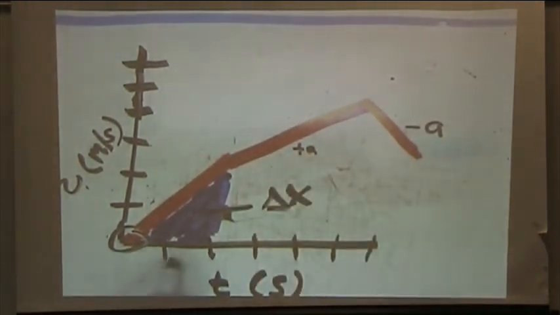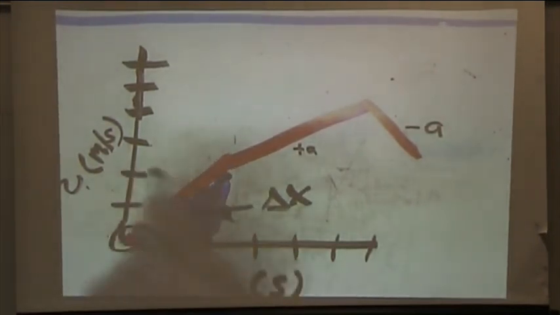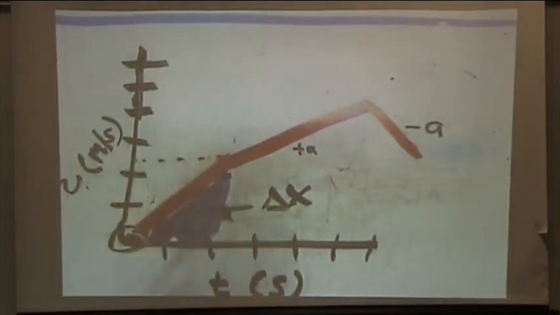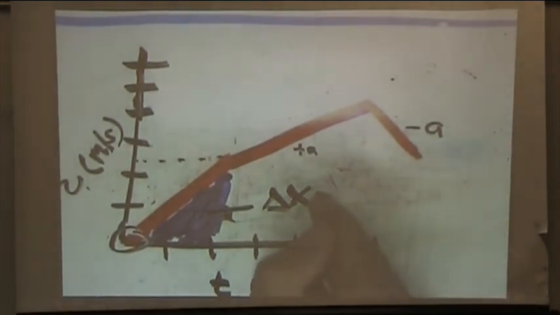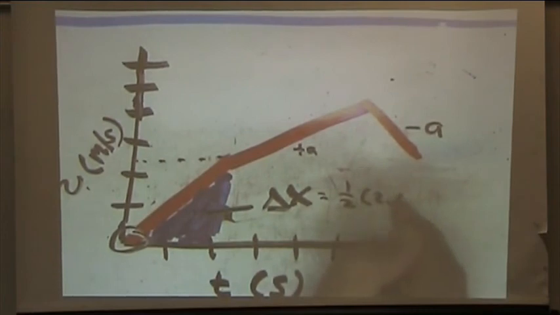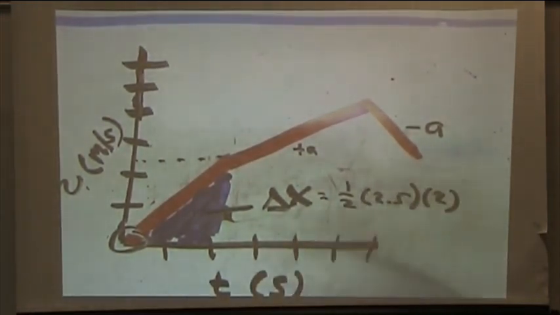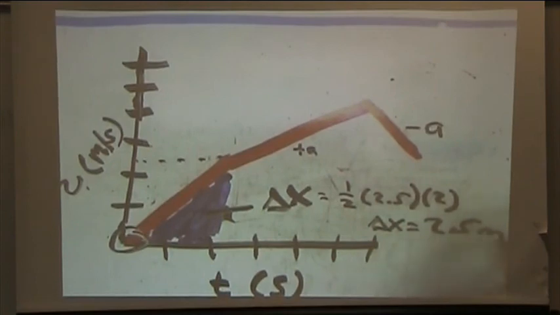Now, if I just let my units here be 1 second and 1 meter per second, we could estimate here we've got about 2.5 here, we've got about 2 here. So our delta x would equal the area, which would be 1/2 times 2.5 times 2, which would come out to 2.5 meters of displacement.